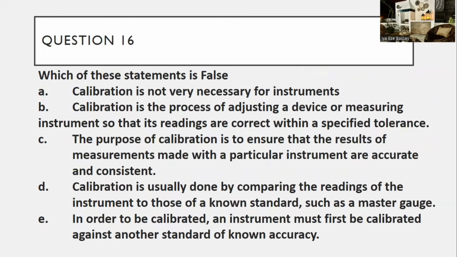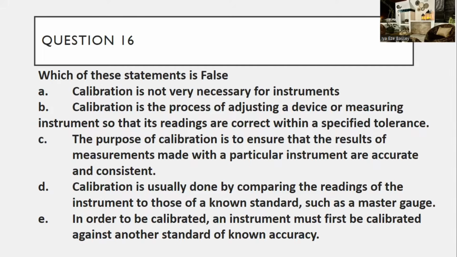Then 16, which of the statement is false? This is where it comes to equipment, managing of equipment, taking care of equipment. A, calibration is not very necessary for instruments. Can that be true? That's serious. B, calibration is the process of adjusting a device or measuring instruments so that its readings are correct within a specified tolerance.